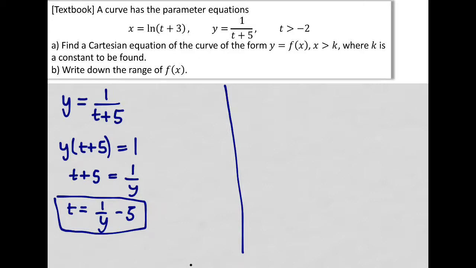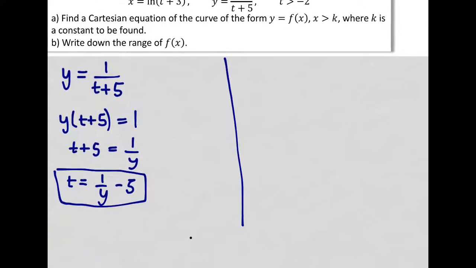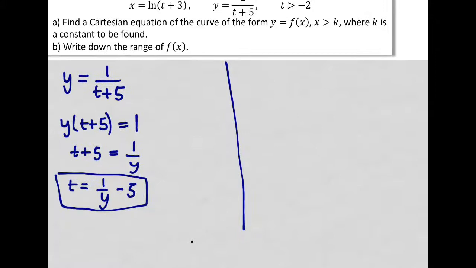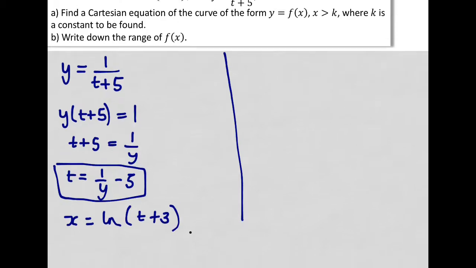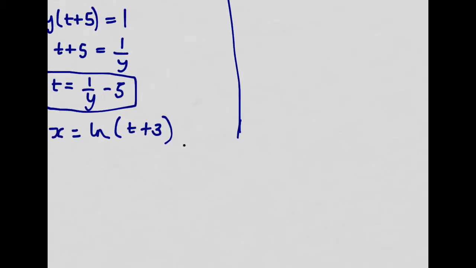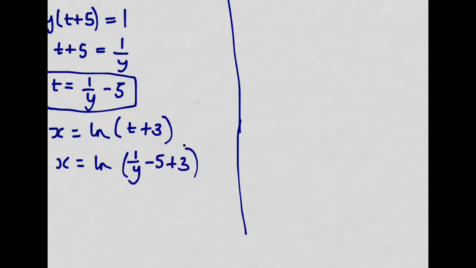So scrolling up a little bit, I would write x equals the natural log of t add 3, and therefore x equals the natural log of 1 over y, subtract 5, add 3.